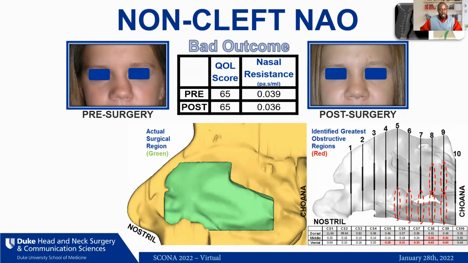Both figures show that the green region where surgery was done did not track very well with our identified sites of greatest obstruction. This could be one of the possible reasons, amongst other reasons, why this patient outcome was not great.